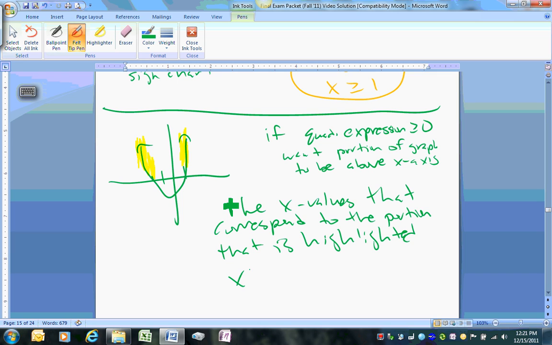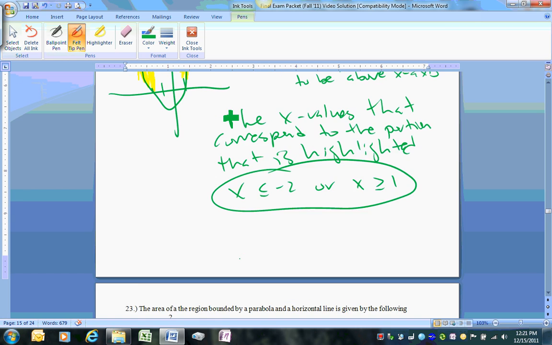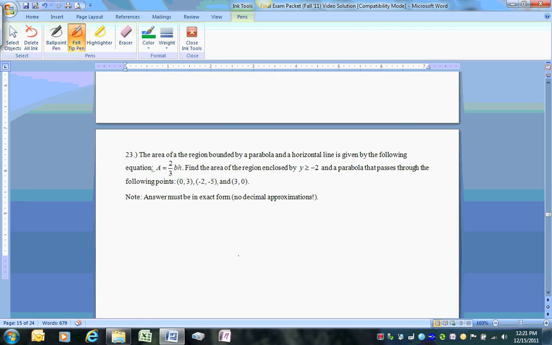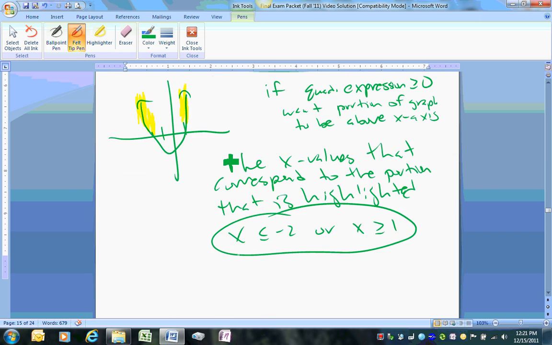The left side starts at negative 2 and goes to the left, so we say that. The right side starts at 1 and goes to the right. And that's what we have. So that's 22.